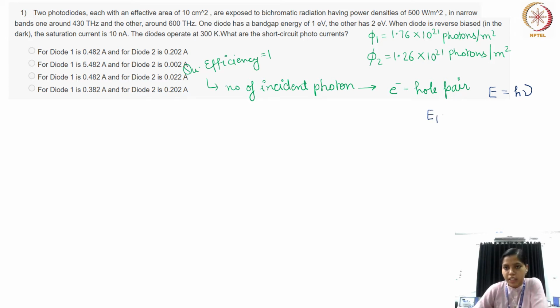For the first photodiode, it is 6.6 into 10 raised to the power minus 34 multiplied by the frequency, that is 430 terahertz. That will give you 430 into 10 raised to the power 12.